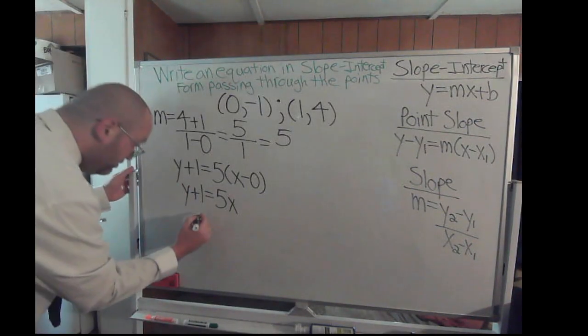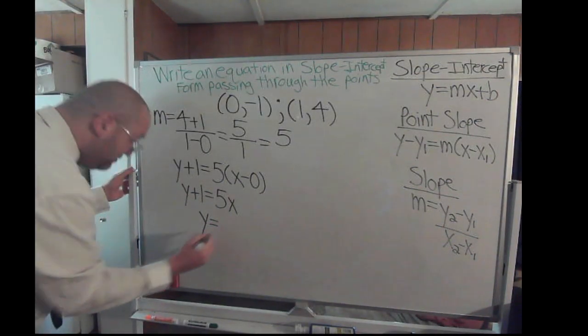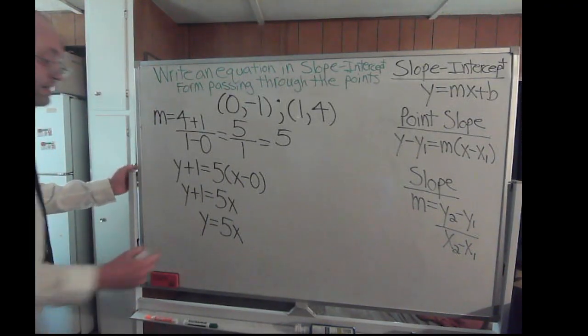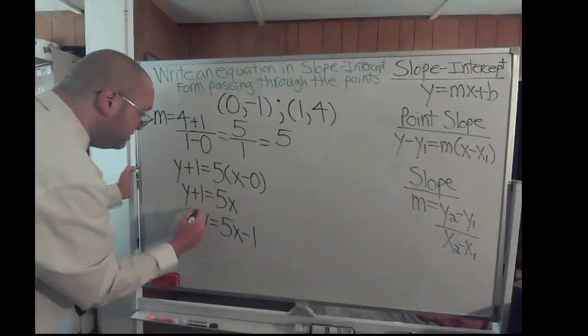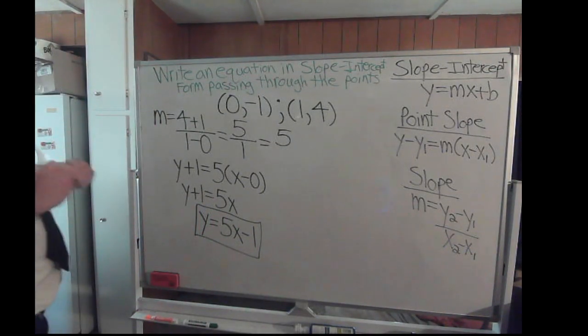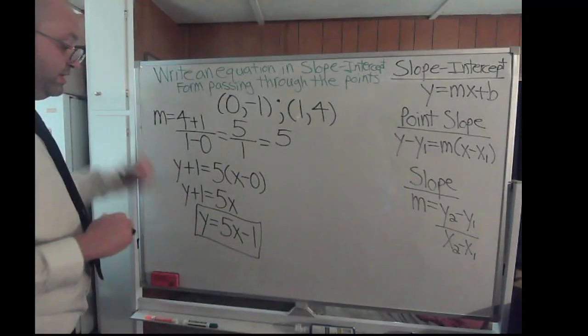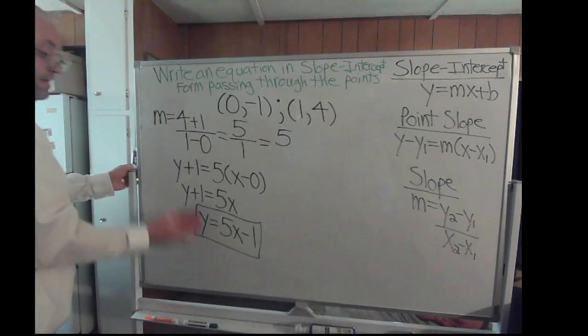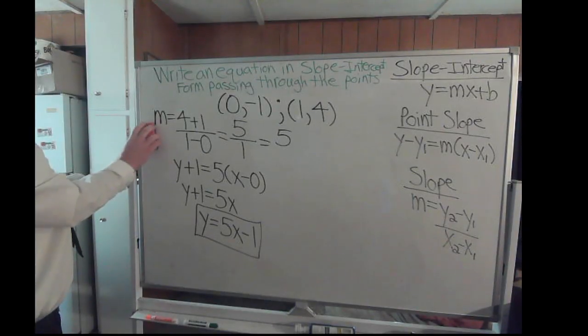If we do that, you do in fact get y by itself would be equal to 5x. Now you just do the minus 1. So y is equal to 5x minus 1. That would be the slope-intercept form of the equation. And that would be your answer. Y equals 5x minus 1.